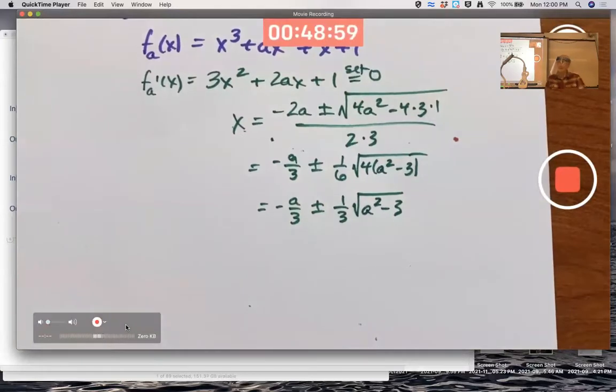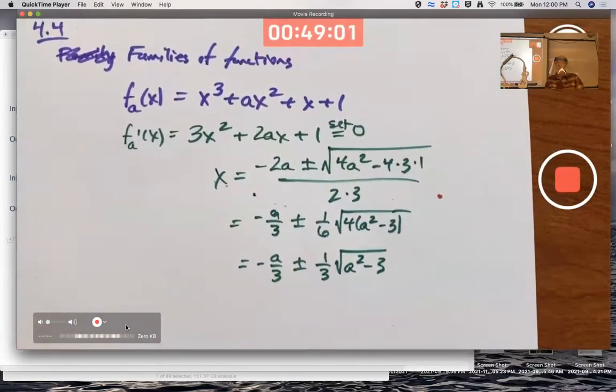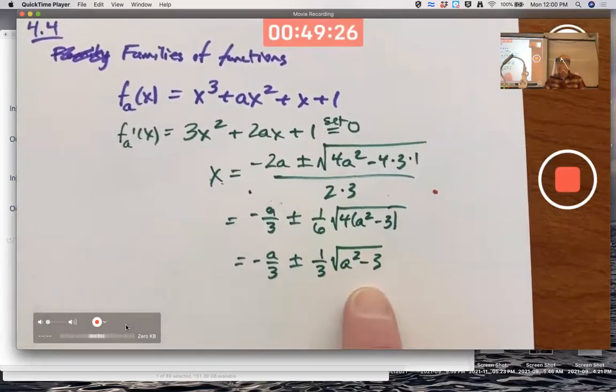So, I mean, it's tricky, you know. I wouldn't want to give you this problem without showing you right now how to do it. These are how the critical points depend on A. And what this is showing me is you're only going to get real number critical points in certain situations, when the thing under the square root is not negative, right?